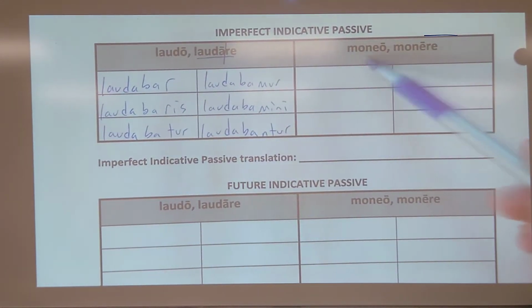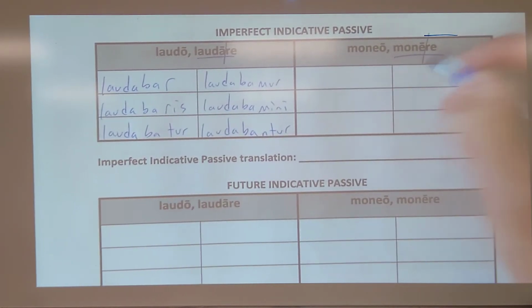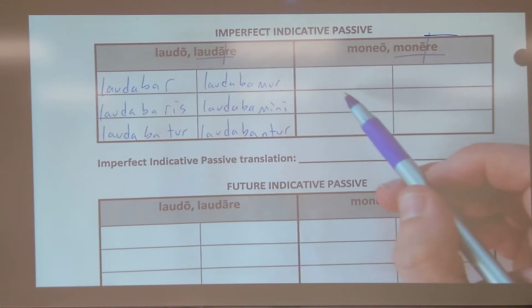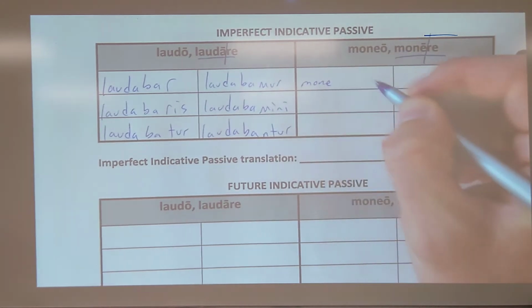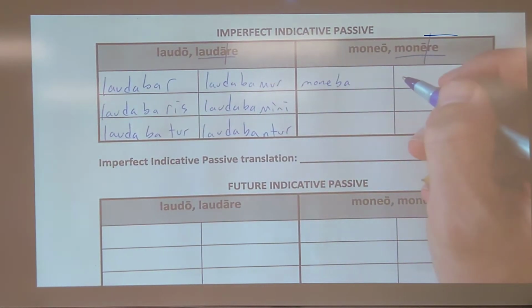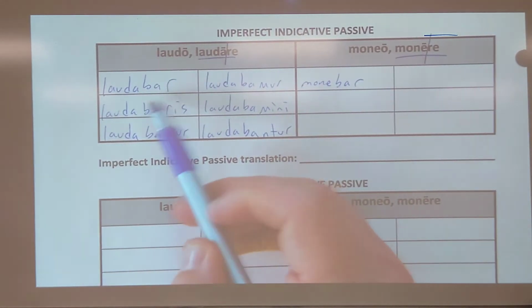We can do the same thing for a second conjugation verb like moneo, monere. Go to the second principal part, chop off the RE. All right? And we'll do this slightly differently this time just so you can see it. We have our stem, mone. We have our marker for the imperfect, ba. And then we have our ending, so mone ba r. Right? Same thing as we have here.